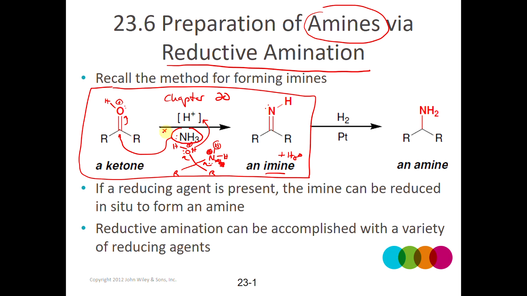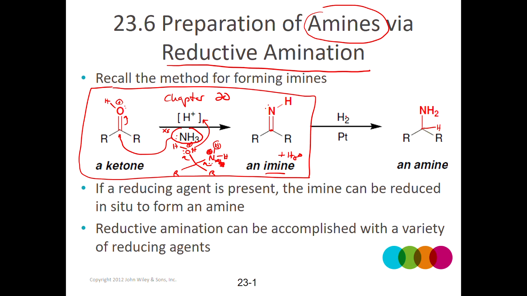So if we have a large excess of ammonia, we should be able to push out the water and form the imine as the major product when it reaches equilibrium. An imine is like an amine, except it's slightly more oxidized at the carbon, because there are two bonds to nitrogen instead of one bond to a hydrogen and one to a nitrogen.